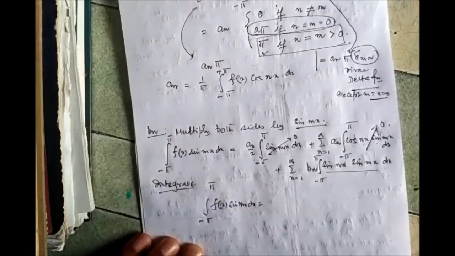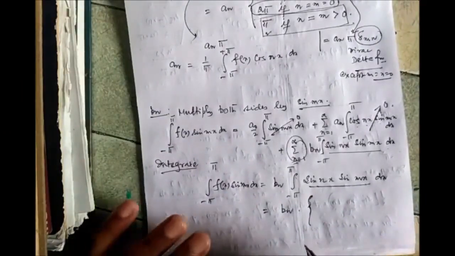The value of sin mx dx will also give me 0. And what is the value of the second part, sin mx sin nx dx? Now this gives me integral minus pi to plus pi f(x) sin mx dx. This will give me bn.